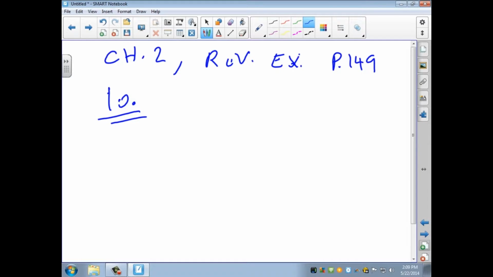Page 149. Problem 10 says, find an equation of the line passing through the points. It gives you 2 points. One point with the coordinates of -1 and 3, and another point with the coordinates of -3 and 4.